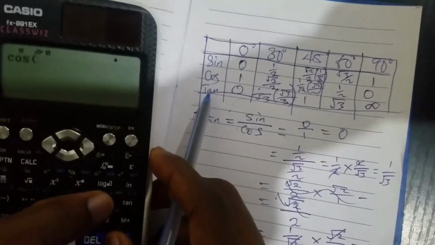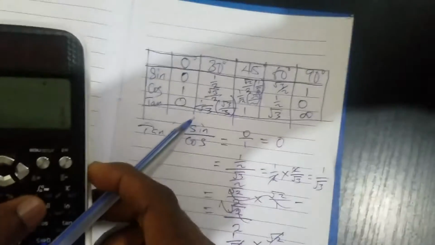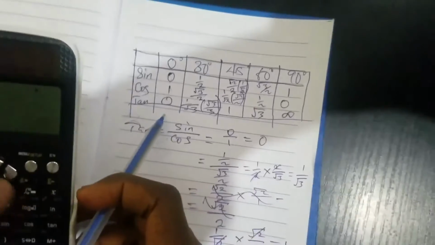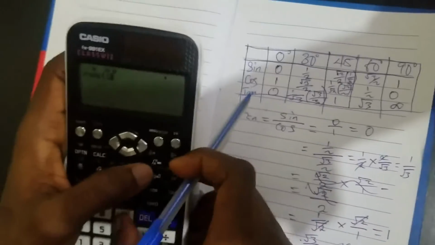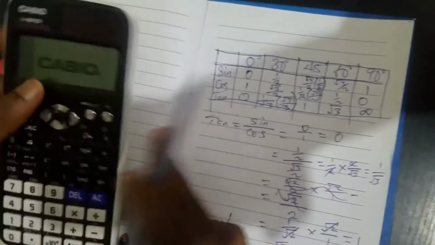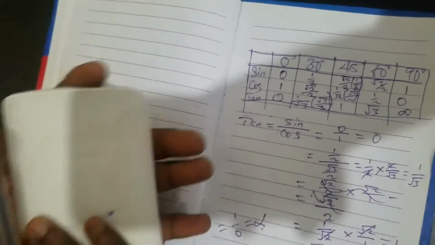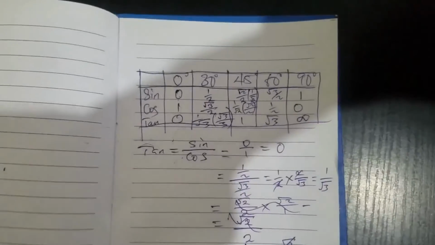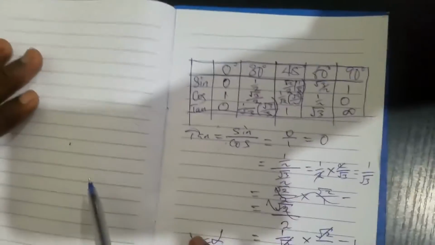And cos 60 is equal to 1 over 2. And cos 90 is equal to 0. So that's just an easy way to remember this. This might be useful in any exams where you'll need to know all this.